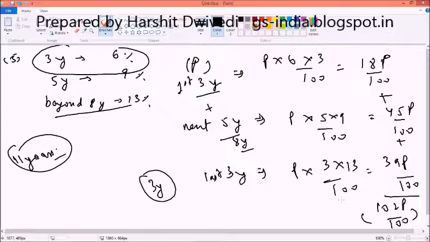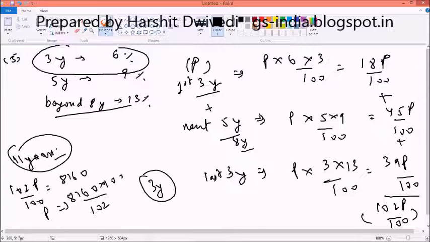Now this 102 by 100 is that quantity which we have obtained in terms of P, and this is in the original question being given equal to 8,160 rupees. So equating it with the value that has been given in the original question, 102P by 100 equals 8,160, and if you solve it, you will get 8160 into 100 upon 102.